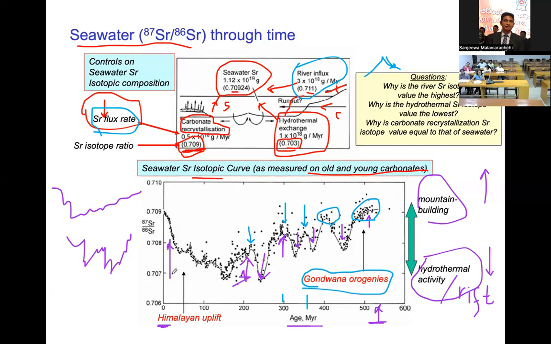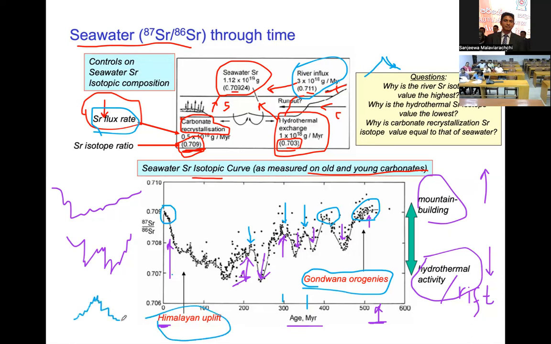Now, today, seawater is getting more and more radiogenic strontium isotopic composition. Why? Because of Himalayan uplift. Although there is no plate collision like in Gondwana, I mean, there is plate collision, but the Indian plate has gone to maximum compression, still little by little upliftment is taking place, right?